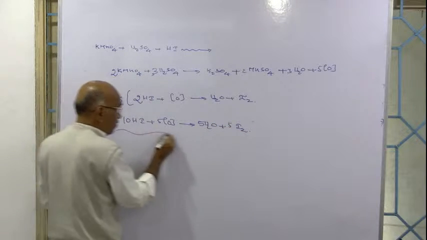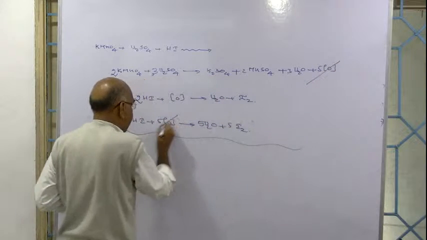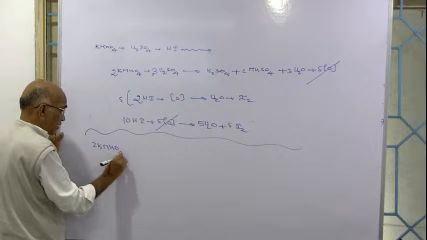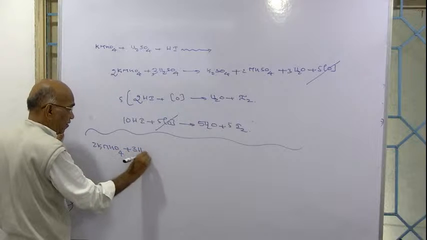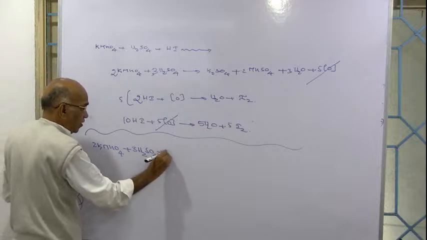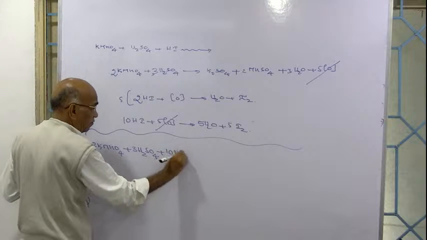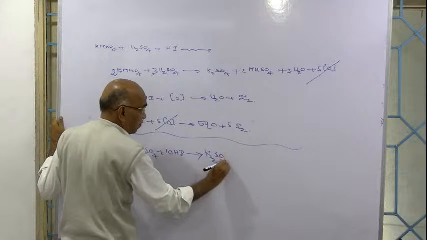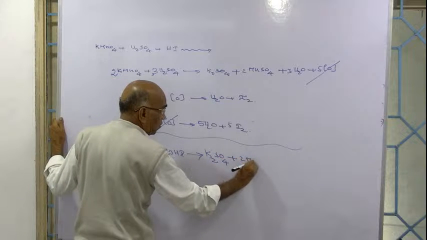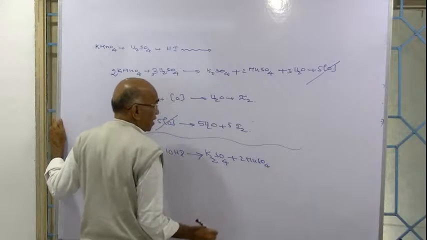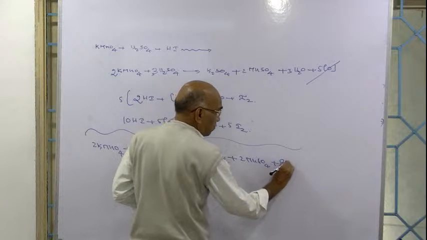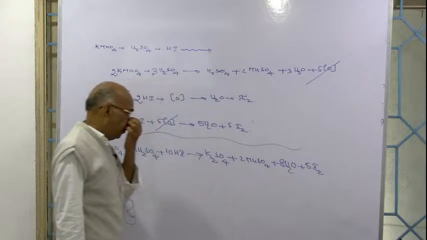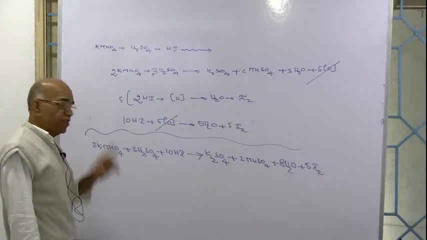So the net reaction, the 5 nascent cancel: 2 KMnO4, 3 sulfuric acid, 10 moles of HI gives K2SO4, 2 MnSO4 plus 8 water plus 5 iodines. That's all. You get iodine this way also.